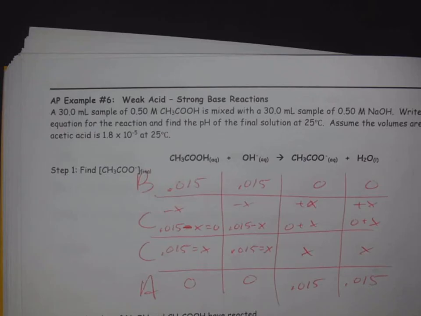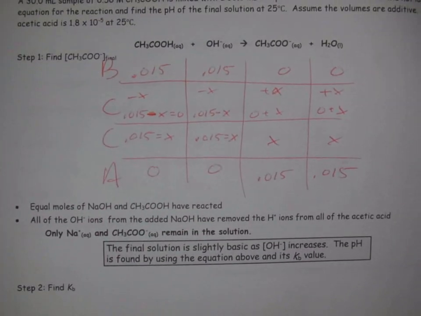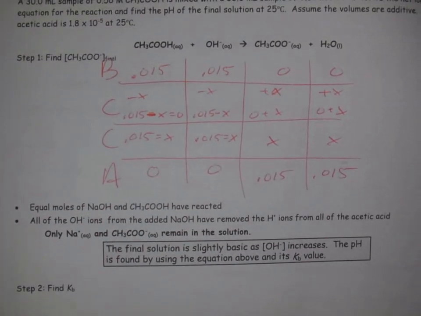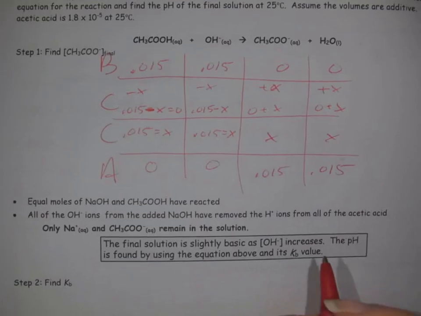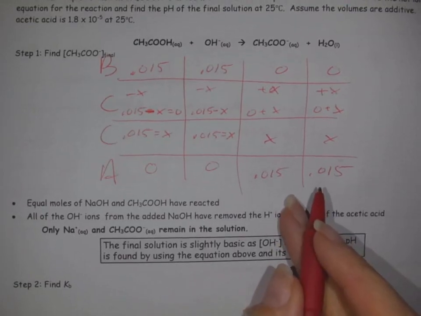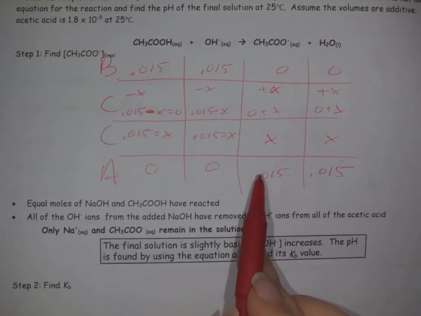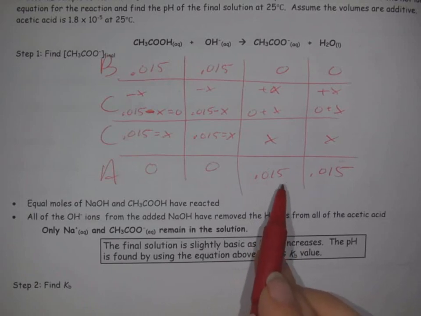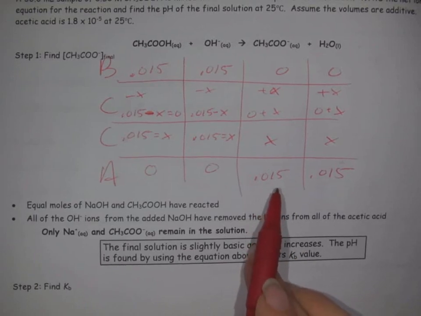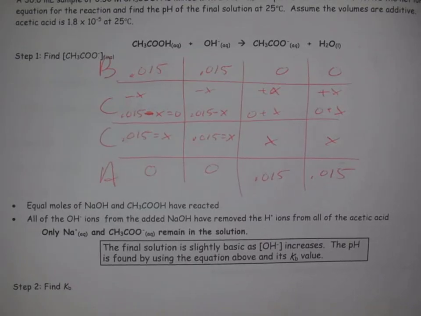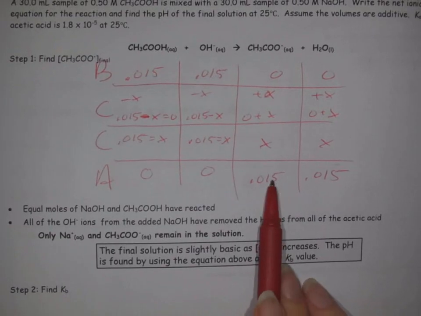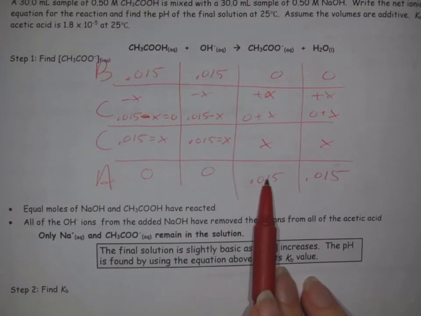Okay, great. Now, something interesting though. When both of these things are consumed, we made something. We made water. That's not really going to make an impact on the pH, but what is this? The conjugate base. We have put conjugate base into the solution. And so we have to see what this conjugate base is going to do now that it's there.